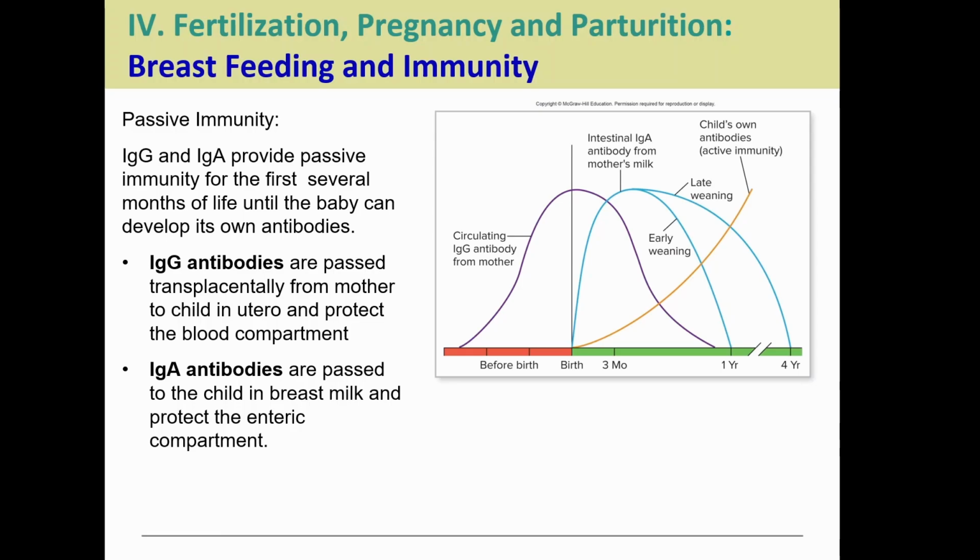So IgG can transmit from mom to child, and then IgA is going to be what's passed through breast milk. So we have a couple ways to protect that infant with its very naive immune system. IgG antibodies go from mom to baby before birth, and then IgA antibodies go through the breast milk after birth.